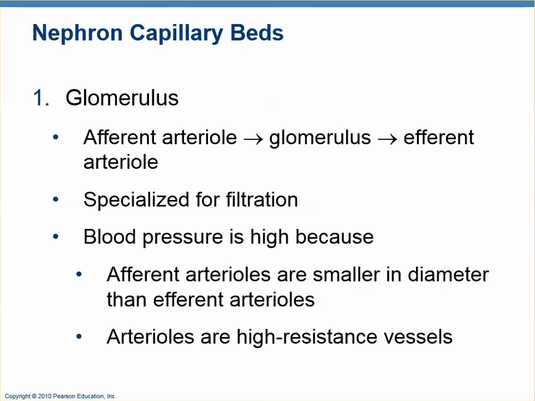So, the glomerulus is a capillary bed with fenestrated capillaries. So they're very leaky capillaries. They're fed by an afferent arteriole, and they're drained by an efferent arteriole. They are modified for filtration. The blood pressure in them is high because we want lots of filtration to happen.